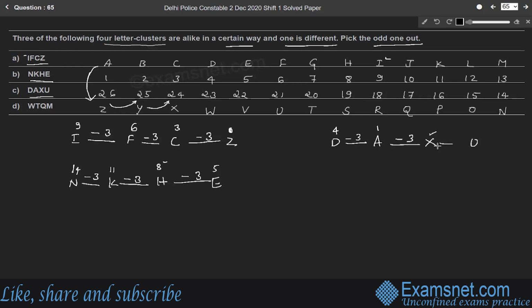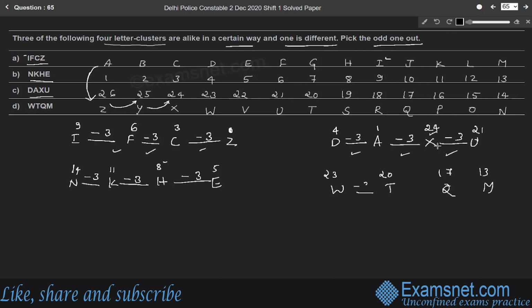Right? So whereas X, if it is 24, U is 21. 24 minus 3 is 21. So where the differences are constant, minus 3 in all three cases. Look at option D, WTQM, where W is 23, T is 20, Q is 17, and M is 13.